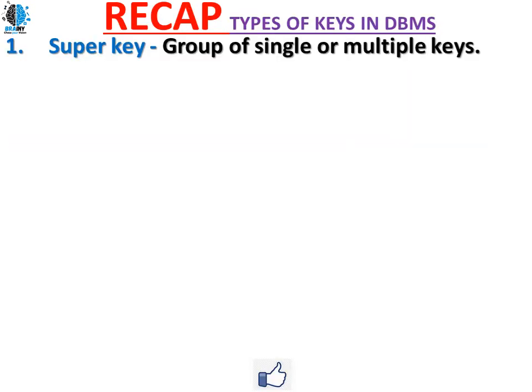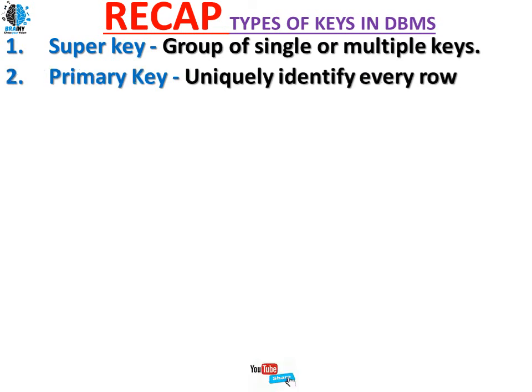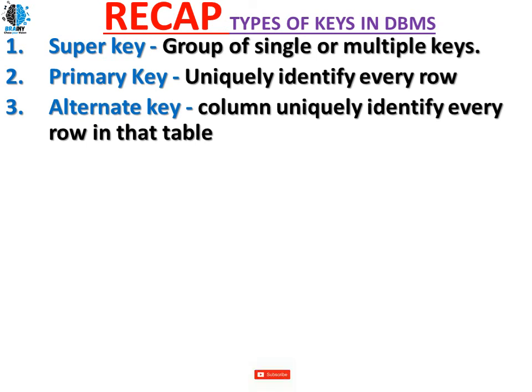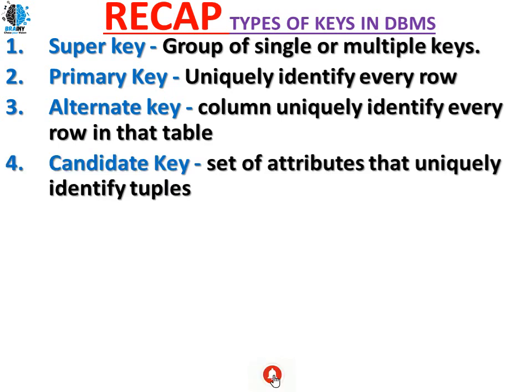So let's see a quick recap of all the keys which we have learned in this video. Super key is a group of single or multiple keys. Primary key uniquely identifies every row in the table. Alternate key: column that uniquely identifies every row in that particular table.